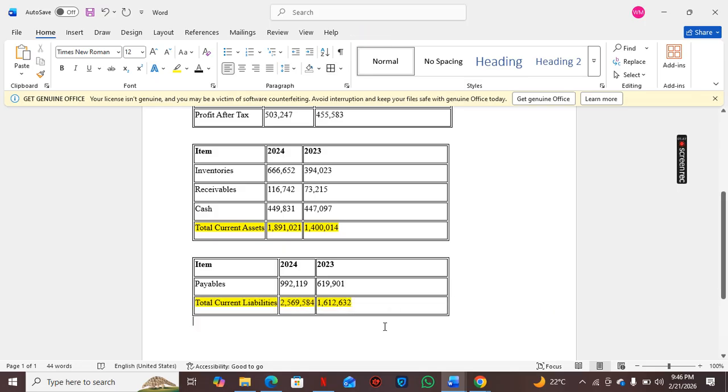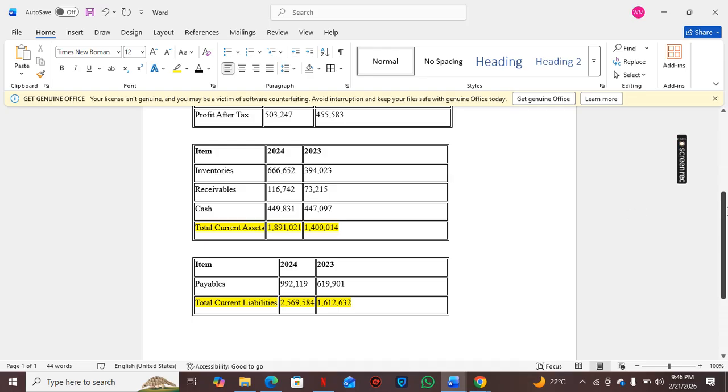Any current ratio above 1 is a good sign. It means you can take care of your current liabilities with your current assets. But if your ratio is below 1, then that's a bad sign.